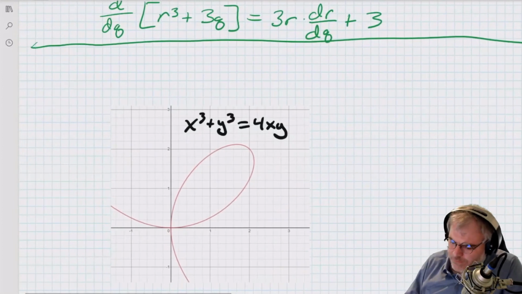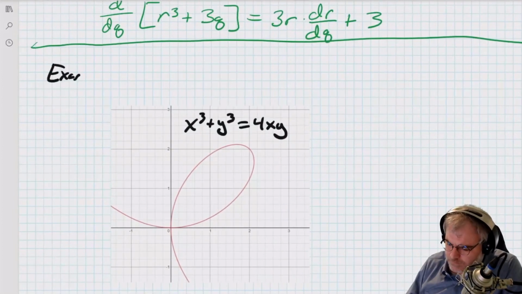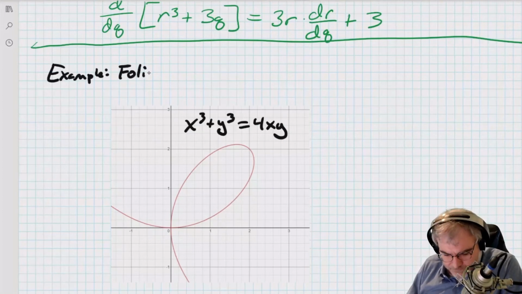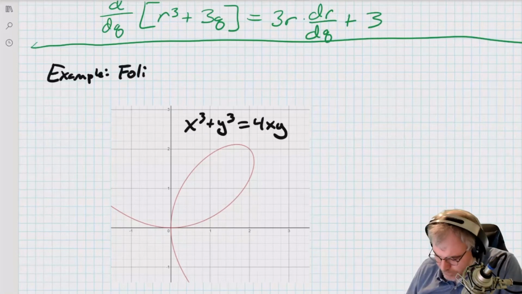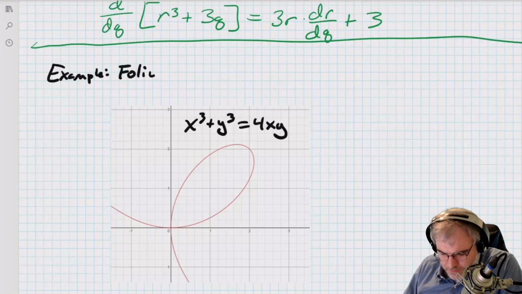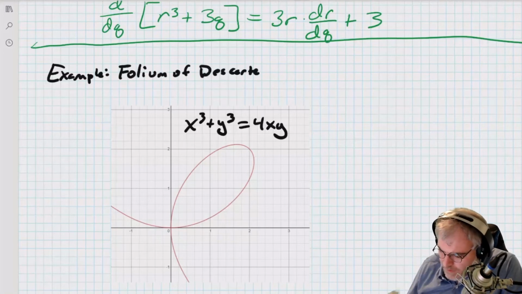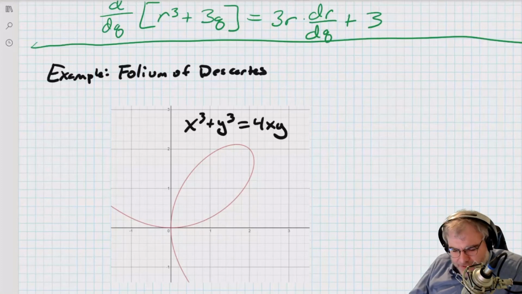This is called the example. The Folium. Am I spelling that correctly? Yes. By the way, this one's also in your book, but the equation's a little different.